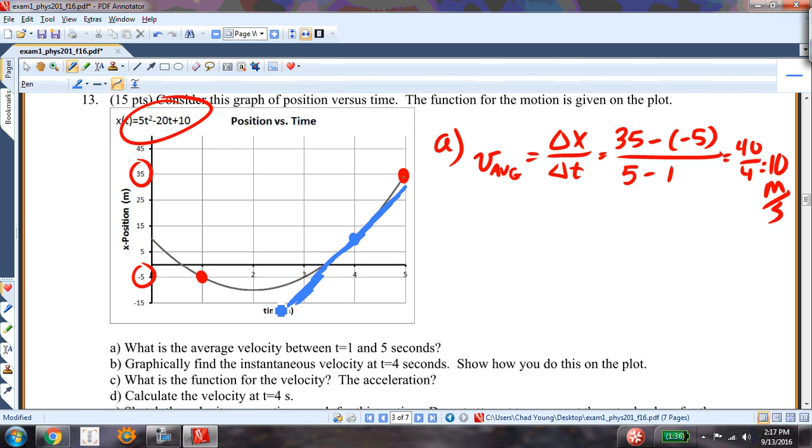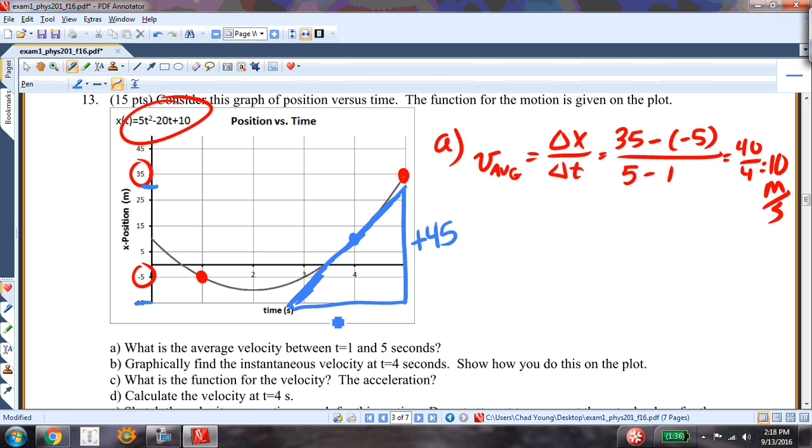My rise here is positive. It goes from about 30 down to negative 15, so that's positive 45 is my rise. And then my run here looks like about 2.8 to 5.